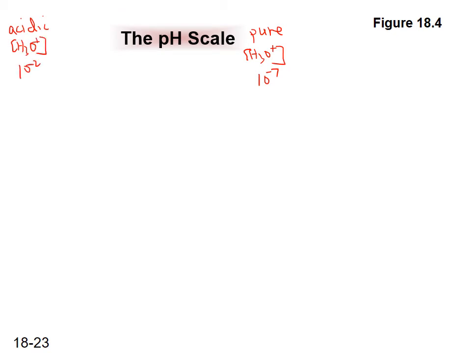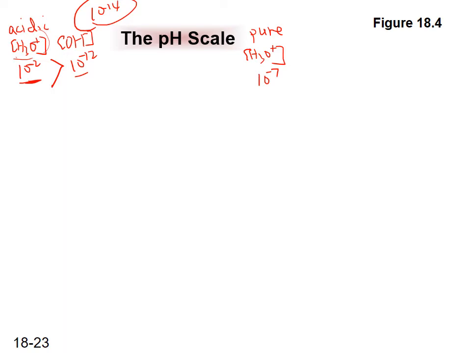This is because the hydronium ion and hydroxide ion product is always 10 to the minus 14. So if hydronium ion is 10 to the minus 2, then hydroxide will be 10 to the minus 12. So the product of these two is 10 to the minus 14. And 10 to the minus 2 is greater than 10 to the minus 12. So it is acidic because you have more hydronium ion than hydroxide.